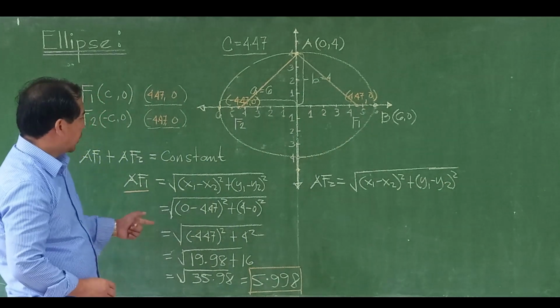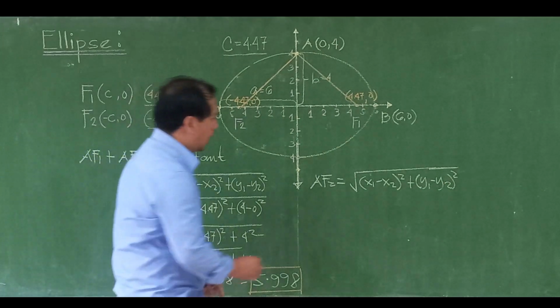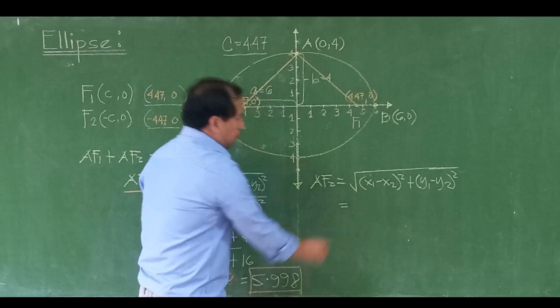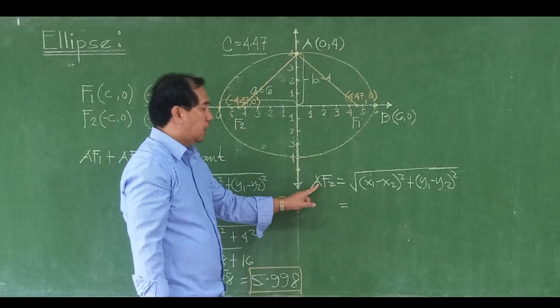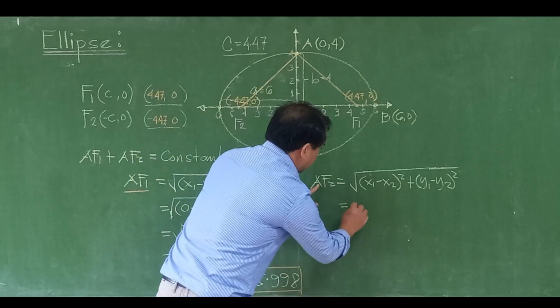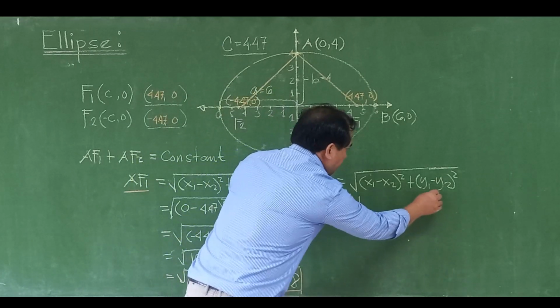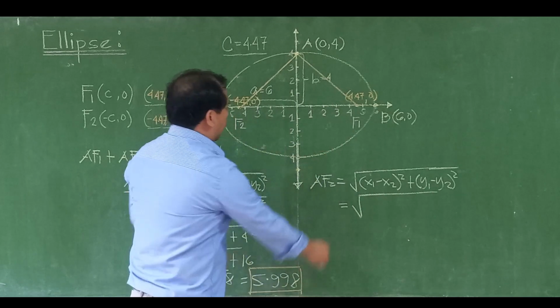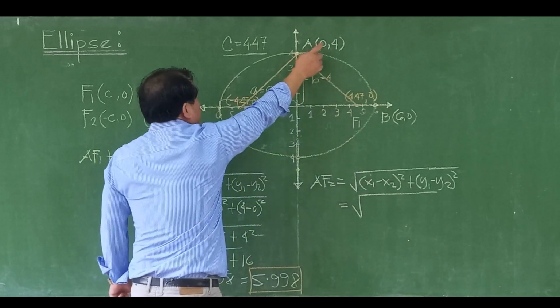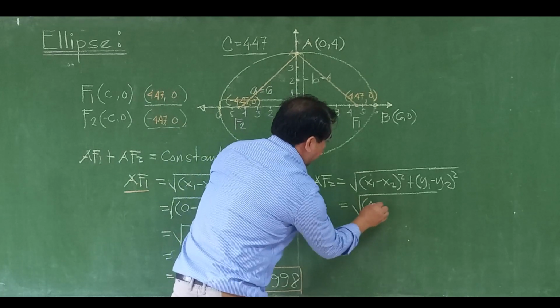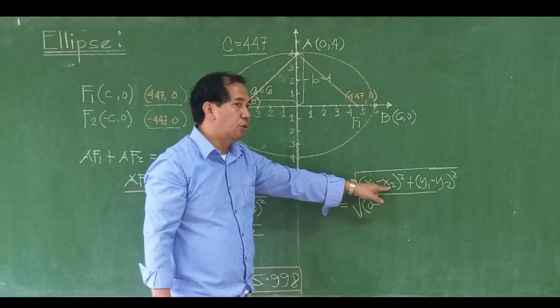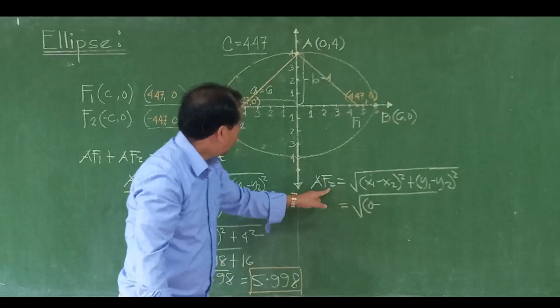So again, we make use of the same working equation. Now, notice that when we are going to have the result, what must be the value of x in our A? That is the same as 0. Minus what must be the value of our x in focus 2?